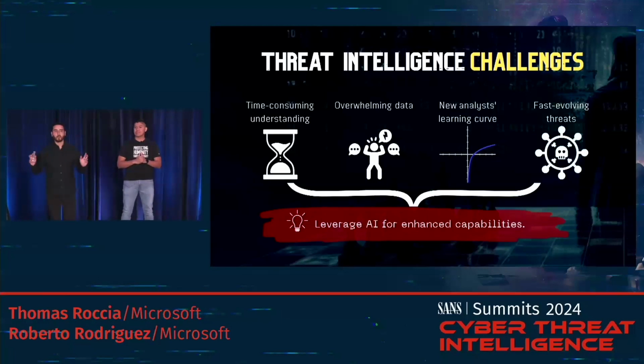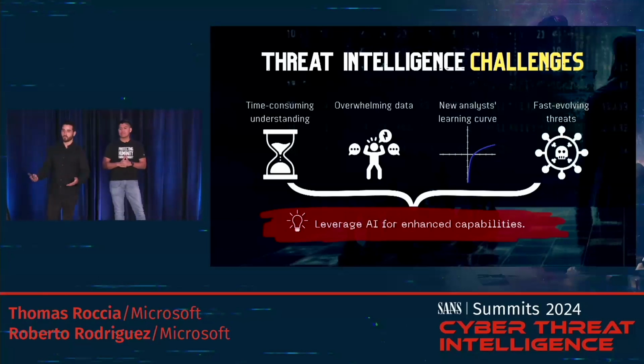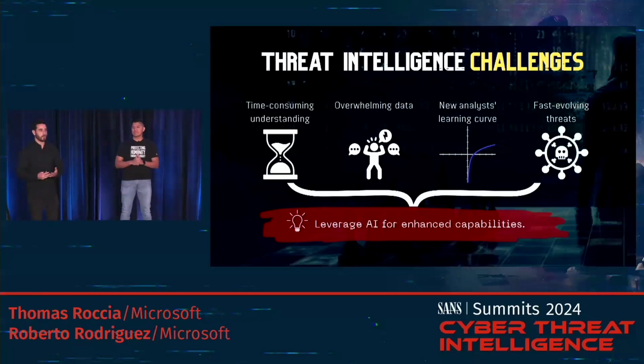I call that infobesity. Also, the new analyst curve is very important, because new CTI analysts joining the field can take a lot of time to mature and learn more about the techniques that we are using, but also the different skills and knowledge that we need. And last but not least, the threats are constantly evolving, changing, and adapting to our defense.